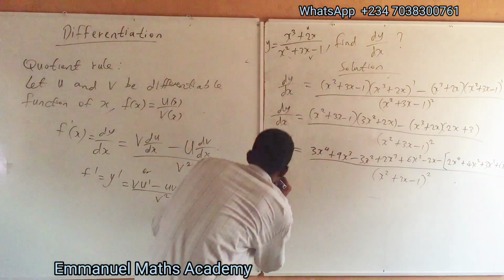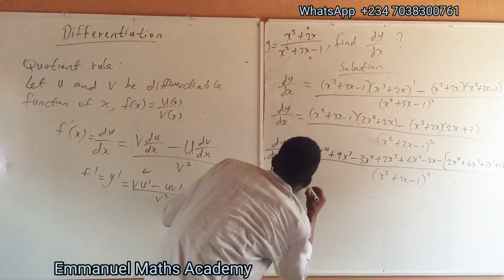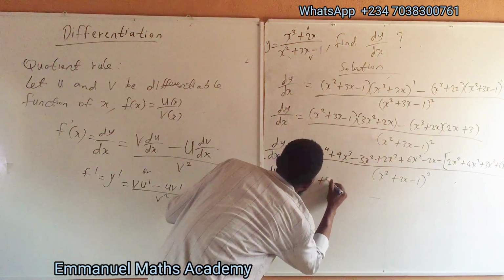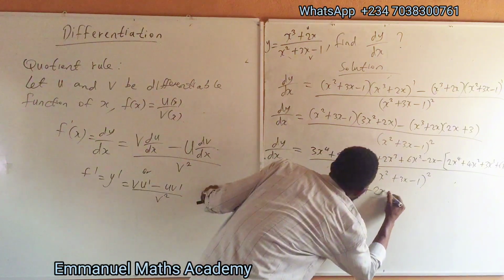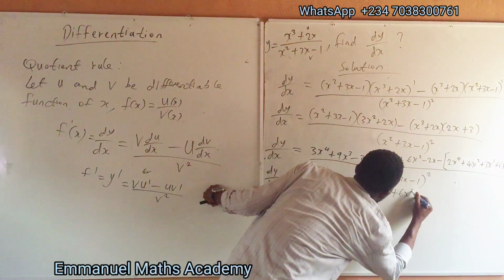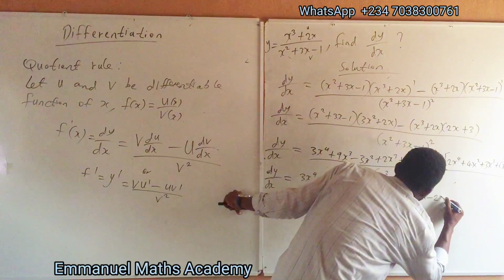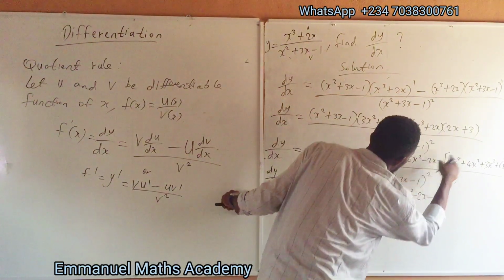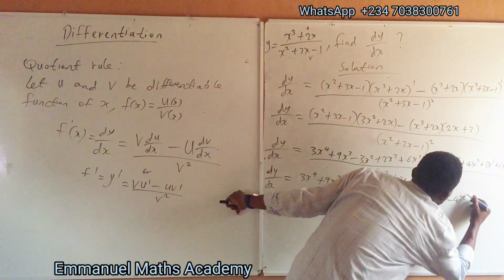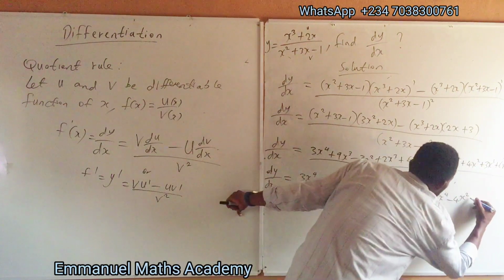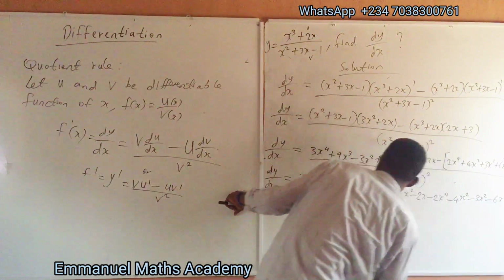You now have that dy/dx is equal to 3x^4 plus 9x^3 minus 3x^2 plus 2x^3 plus 6x^2 minus 2x minus 2x^4, minus times plus minus 4x^2 minus 3x^2 minus 6x, right?